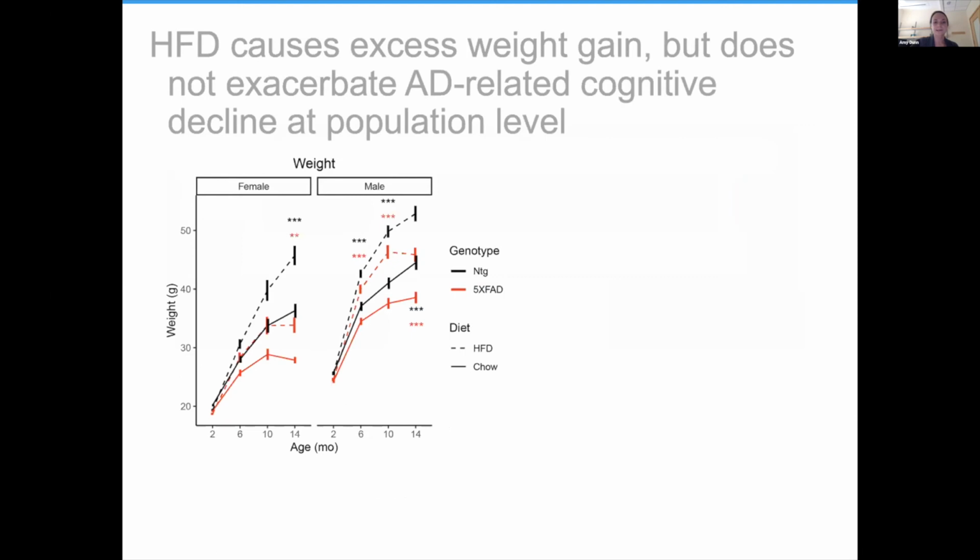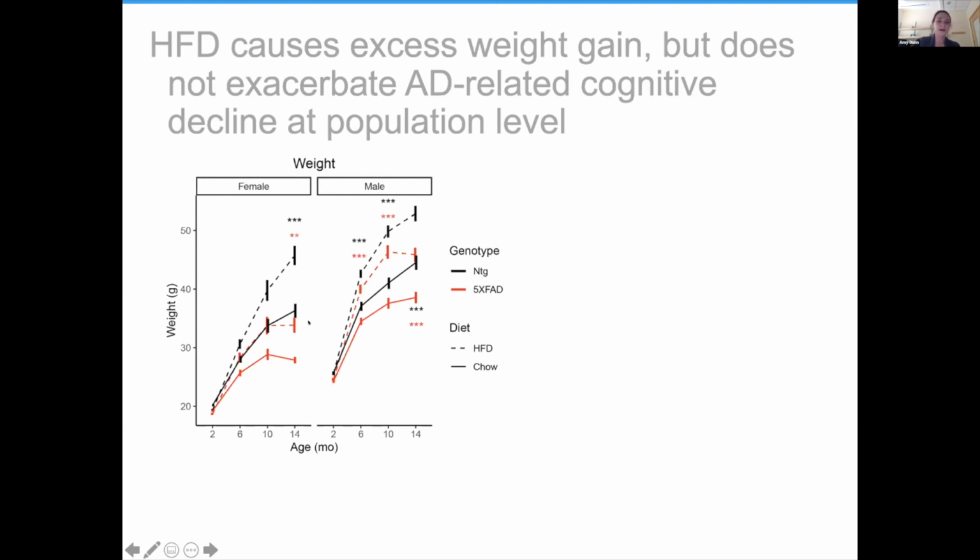And we first asked basic questions like what is the effect of high-fat diet on metabolic and cognitive traits? In this case, we looked at weight and short-term memory. And high-fat diet had an expected effect on weight. So in the dotted lines here, you can see that high-fat diet caused excess weight gain in both females and males between 2 and 14 months of age.